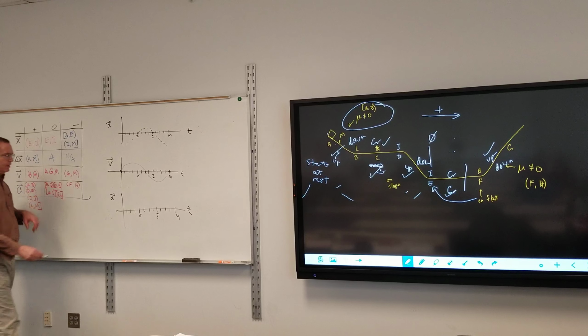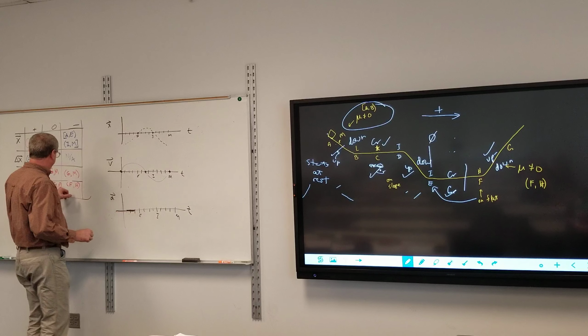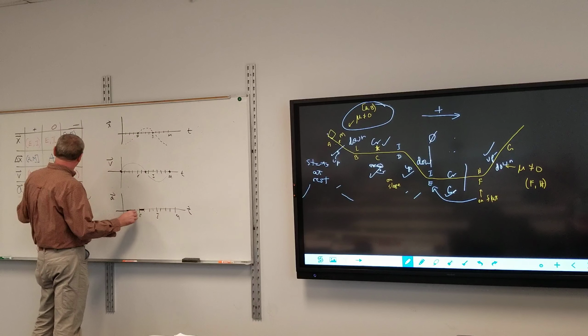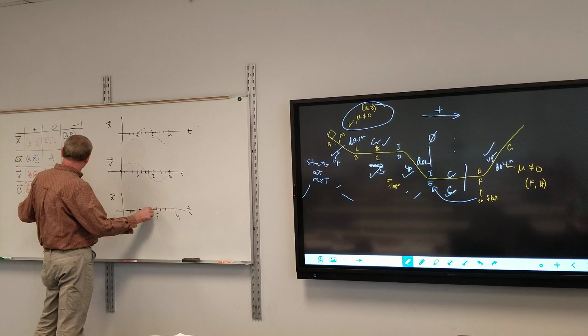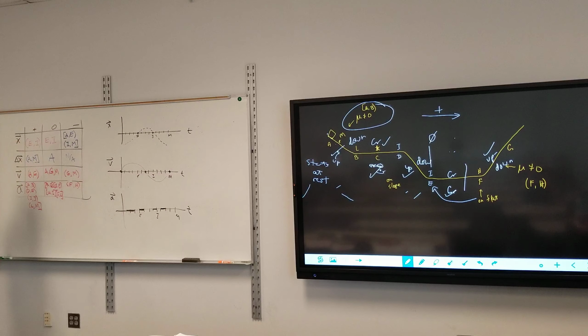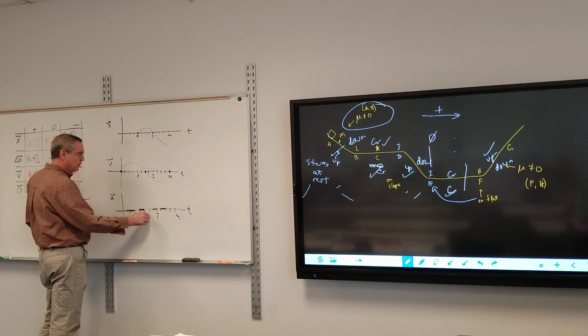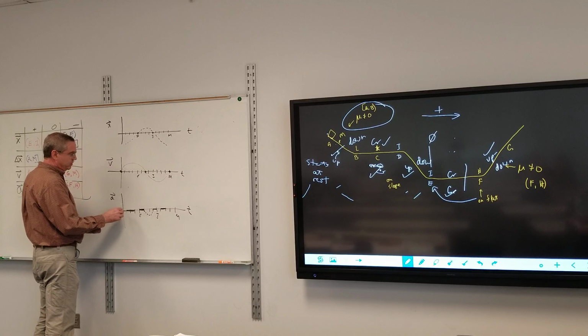So from B to D, from E to F, H to I, J to L. Right, that's where it's zero. It's negative between F and H, and it's positive other places.